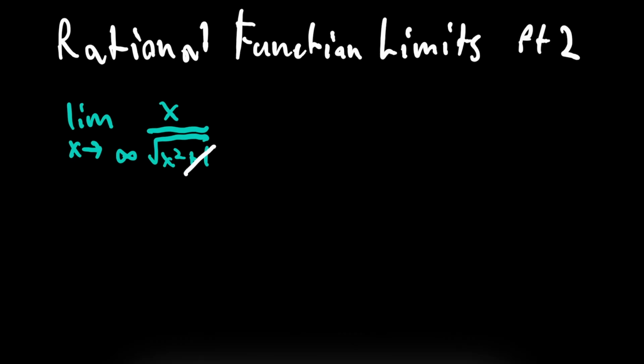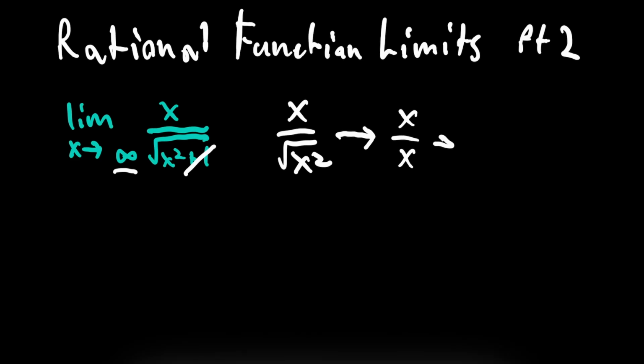As you get larger and larger values for x, this constant will play a smaller and smaller role in the actual value of the function. So it'll just be x over the square root of x squared, which becomes insignificant as these values get larger and larger, and this expression can be simplified to x over x, which can be simplified to 1.